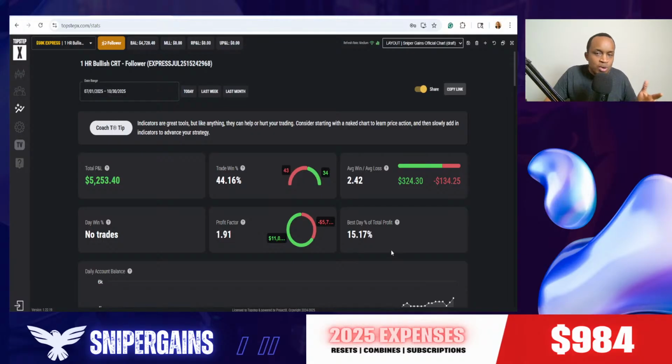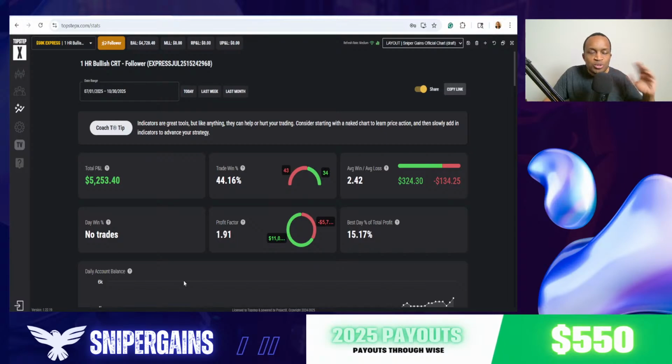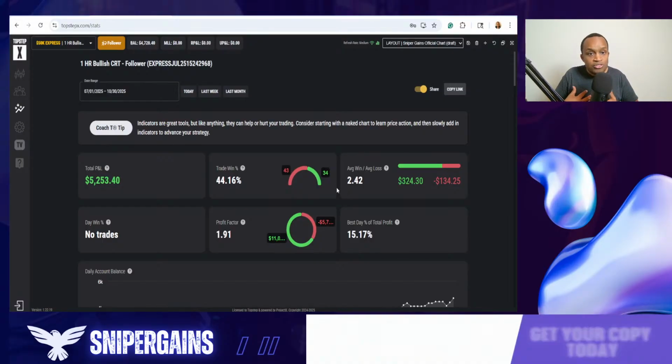So that's why it's more focused on taking good setups and maximizing that average win. Now, keep in mind, this number entails everything, including other strategies that I've done in the past. But it's just to show you an idea that even though it's not a perfect win rate, it has been sustainable for me personally.